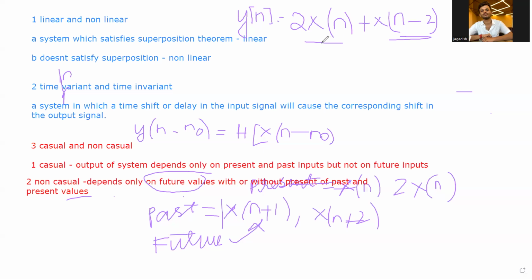So what kind of system is it? It is a casual system because the output depends only on the present and past, not on the future. If it is n plus 2, then it is a non-casual system because I have future values.